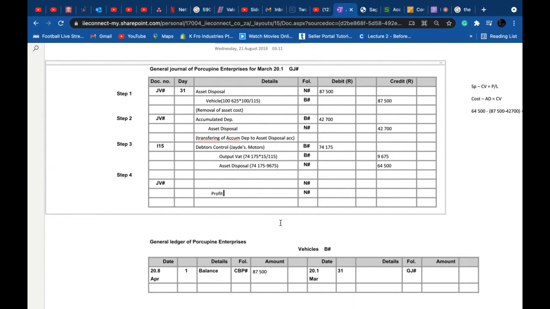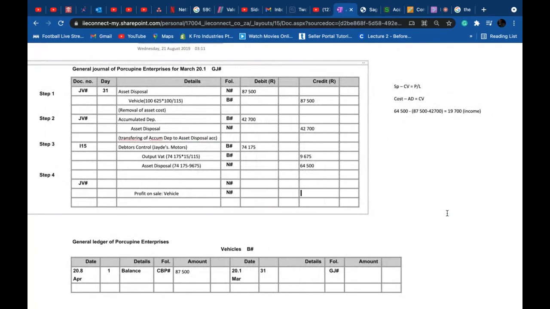So profit on sale of vehicle. Or instead of saying "of", you can just say on sale and then put vehicle if you want. Saves you some ink. I'm always looking out for you guys. You see?